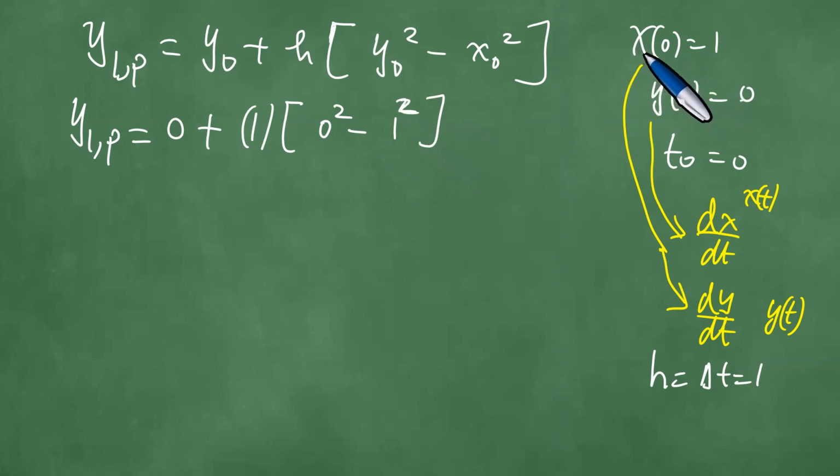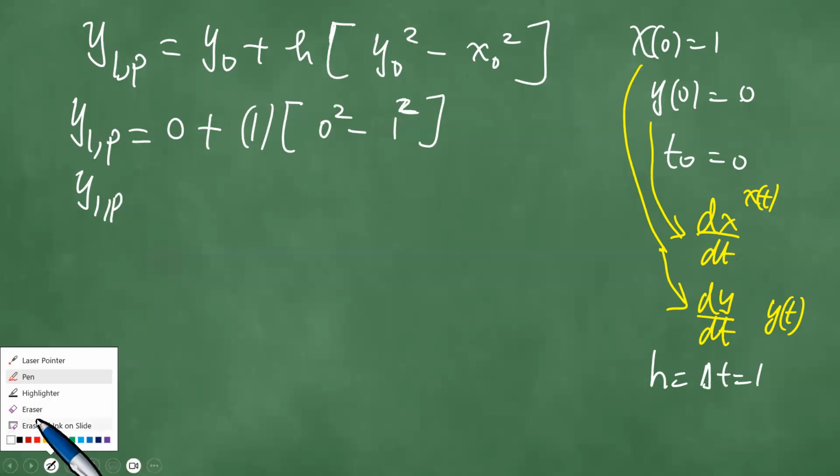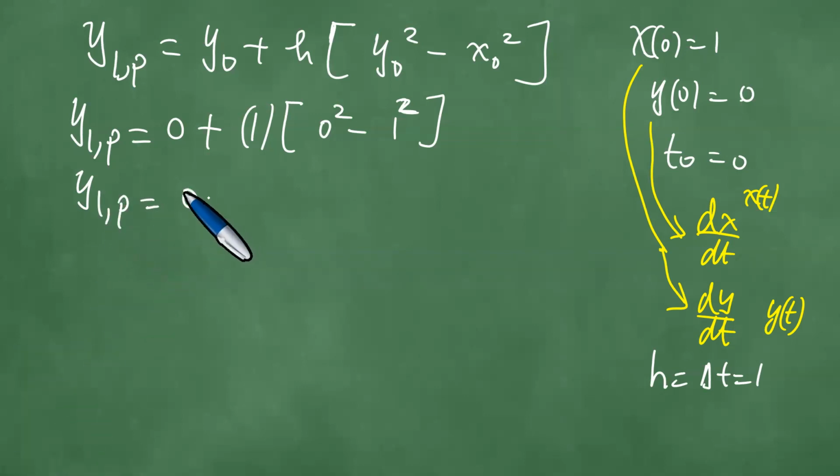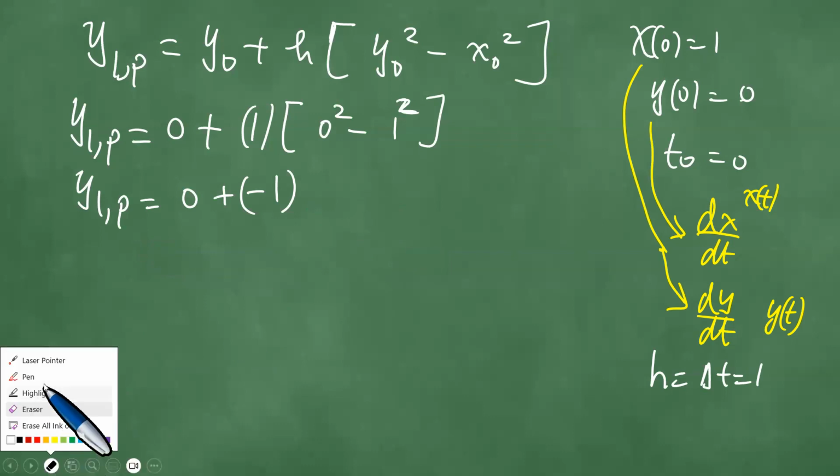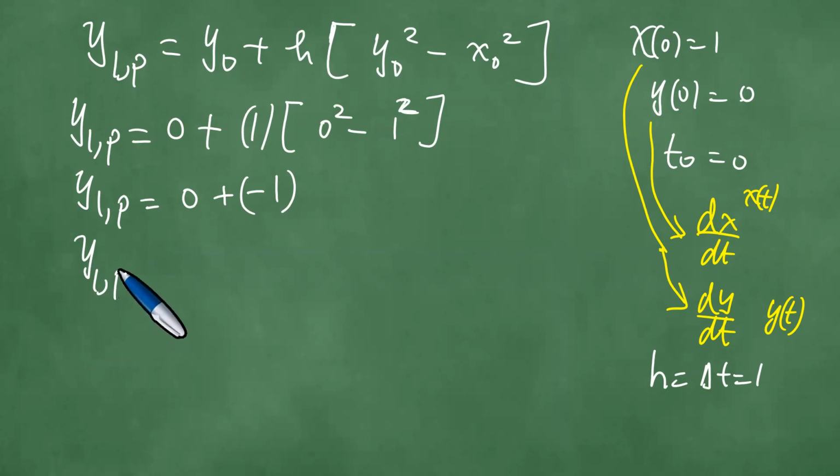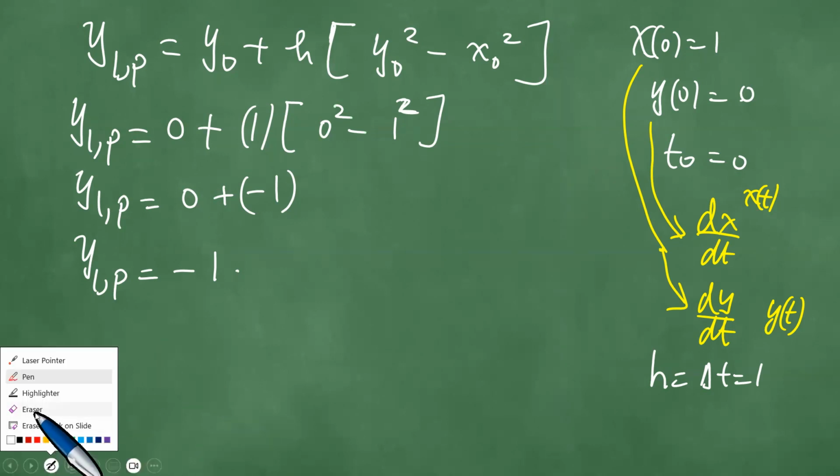The inside is t0 because x is a function of t. Now you have the predictor 0 plus minus 1, which is minus 1, like this. So we're good.